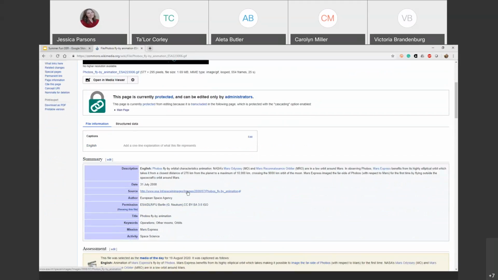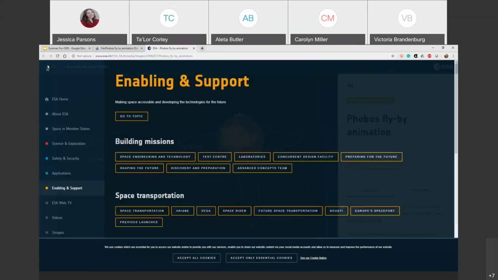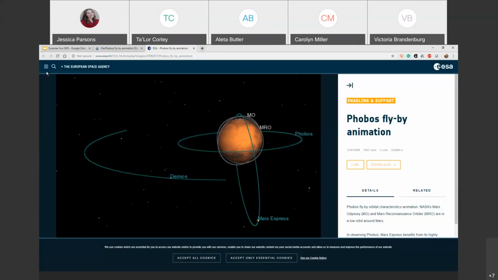This also means that I could, let's open it up in a new tab real quick. I can see the information here, and I might be able to go to the rest of the European Space Agency, click around, and maybe find some more images that I could use. Again, I would want to check the copyright on those images. But it can also help you to find good sources to find lots of materials on a broad topic.